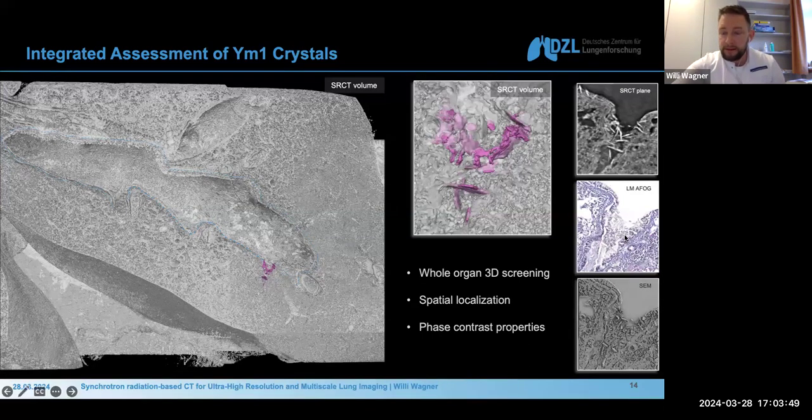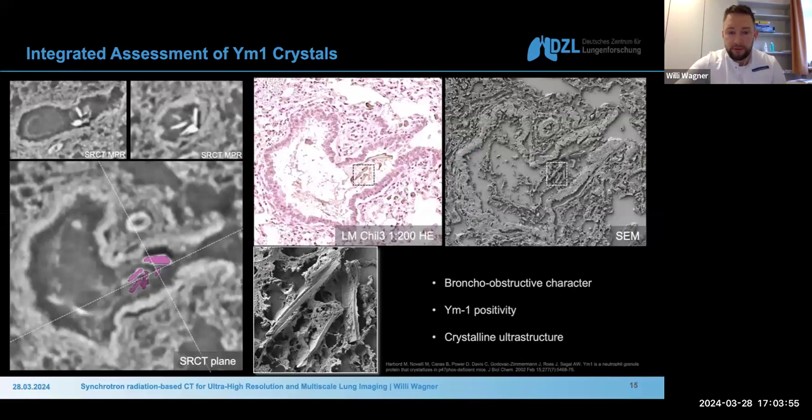We looked at them by means of light microscopy, and studied them in ultra high resolution electron microscopy, where we were able to really see the complex structure of these crystalline deposits.